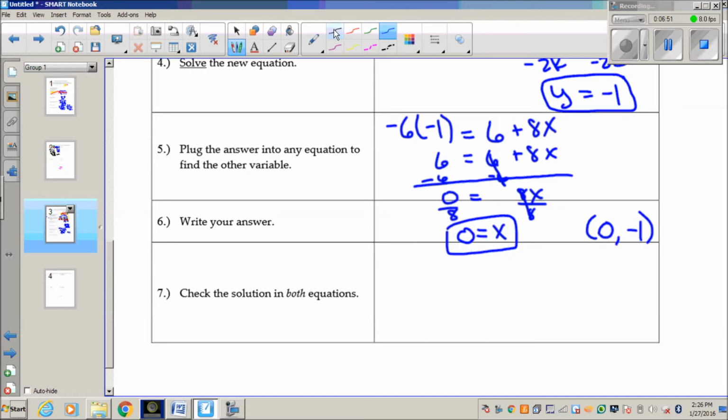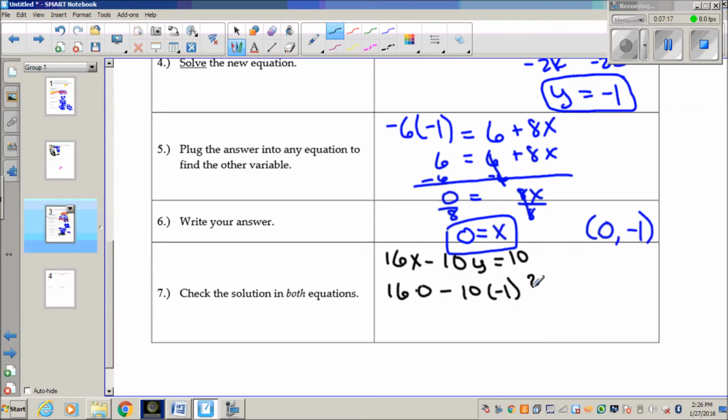Then the check is just like any of the other checks we've done. You go back to the original equations, not the ones that I rearranged, not the one that I multiplied by 2. I go back to the original question. I like to copy down my equation, and I think that x is equal to 0. So I'm going to do 16 times 0 minus 10 times y, which is negative 1.